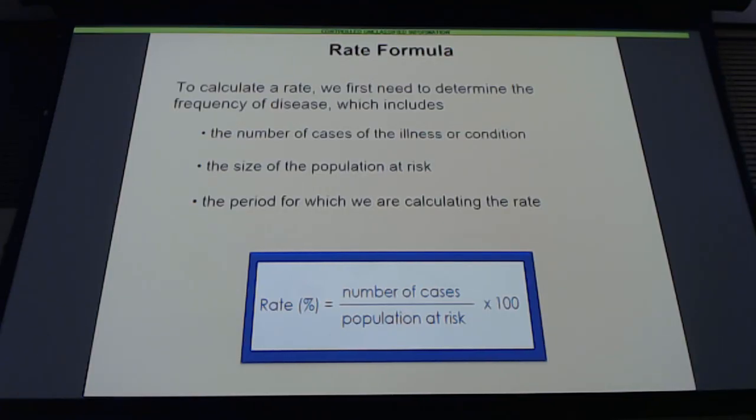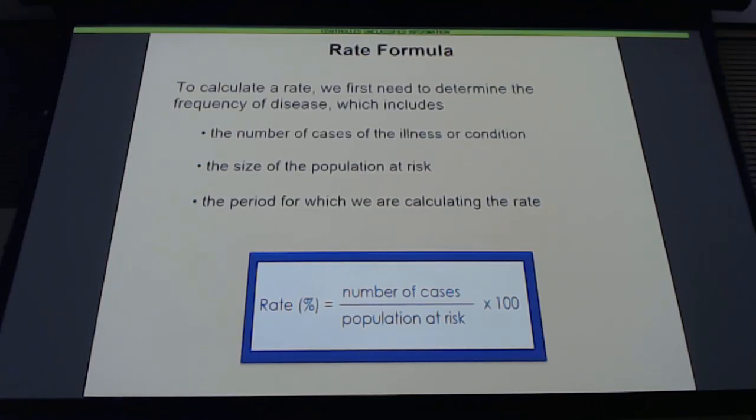So that means that when you take a look at the number of cases, we need to make sure that we have those number of cases within the same time period that we use for the population at risk. So if we do 3,000 for number of new cases, we have to have the appropriate population that was around for that same time period.